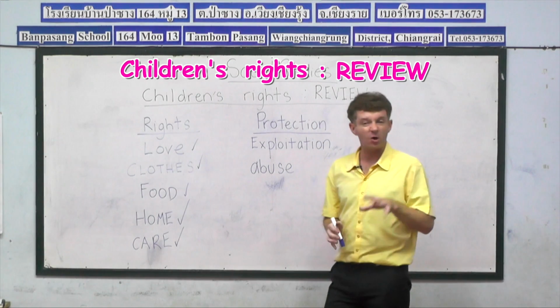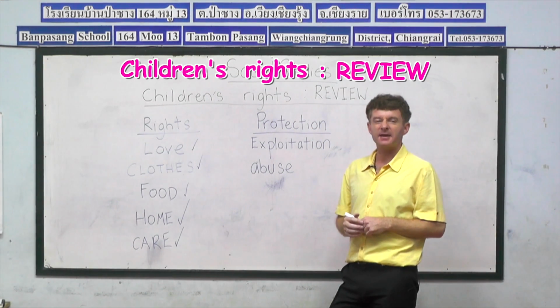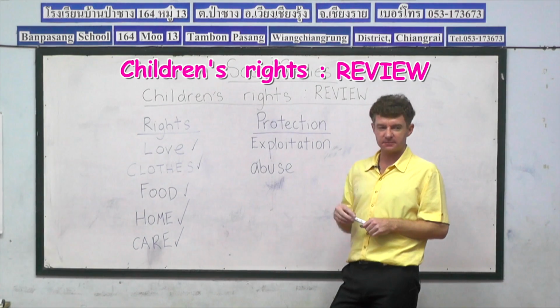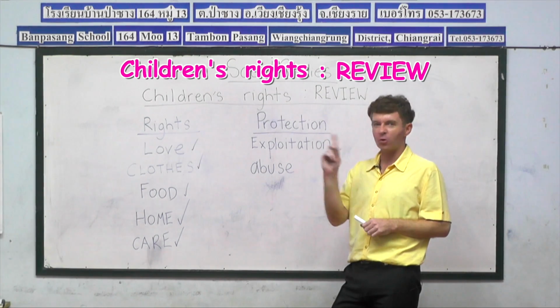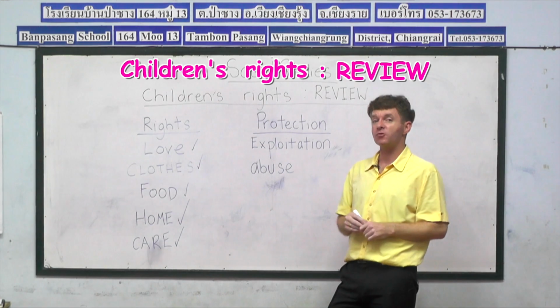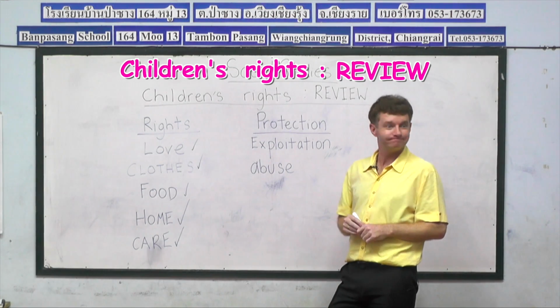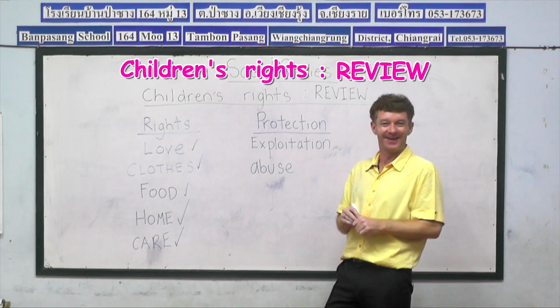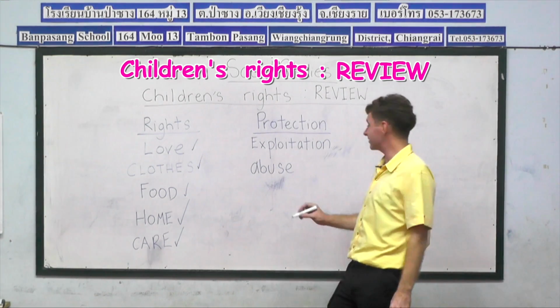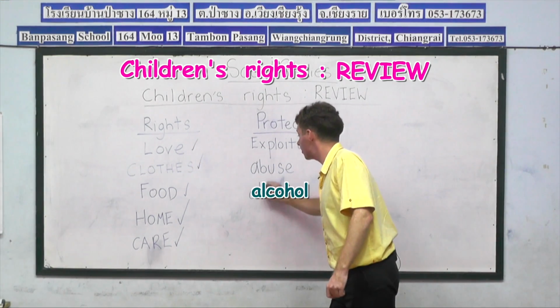And then there are other things like alcohol. Do you know about alcohol, like beer? Yes, bad for you, especially bad for children. Should children be allowed to drink alcohol? No, they should not. So we need to protect children from alcohol.